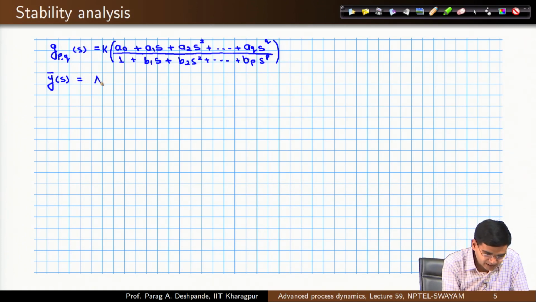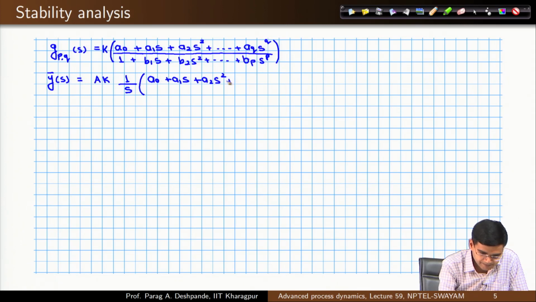So, that would be k times 1 upon s multiplied by a 0 plus a 1 s plus a 2 s squared up to a q s to the power q, divided by 1 plus b 1 s plus b 2 s squared up to b p s to the power p.